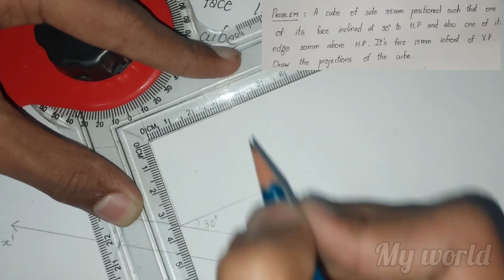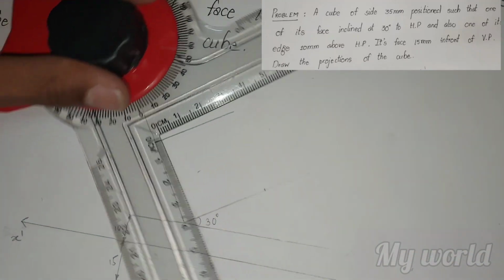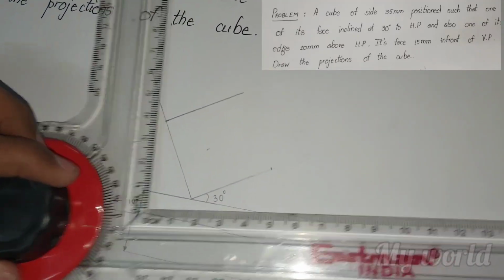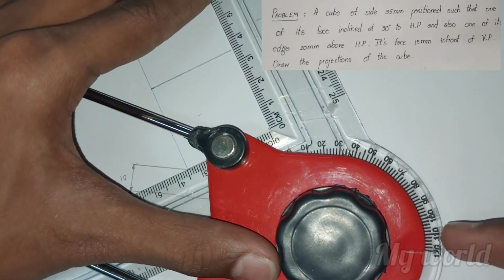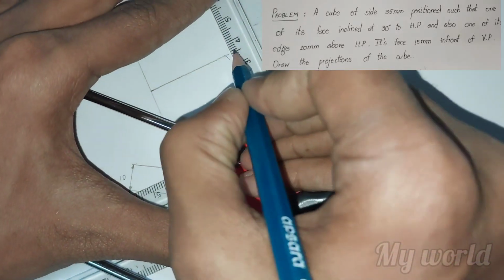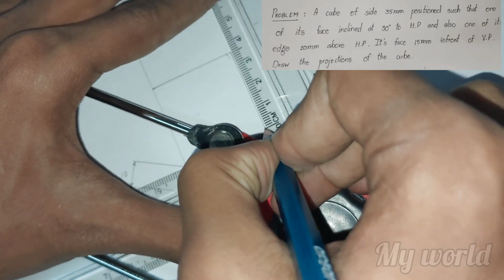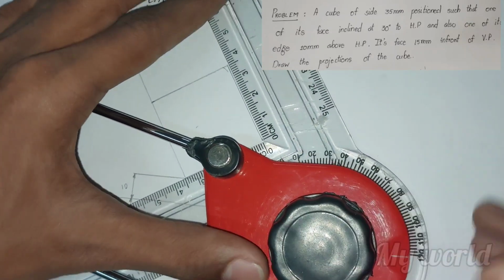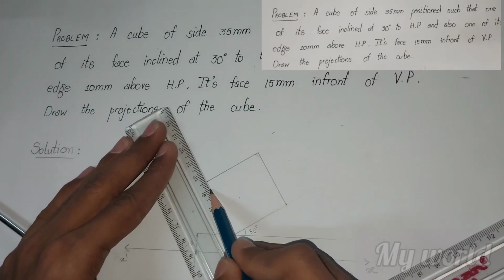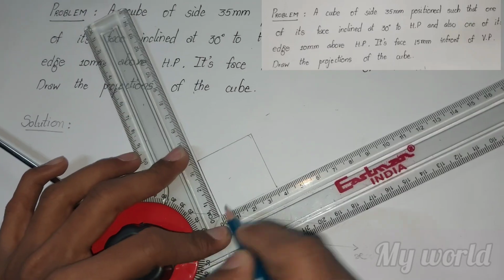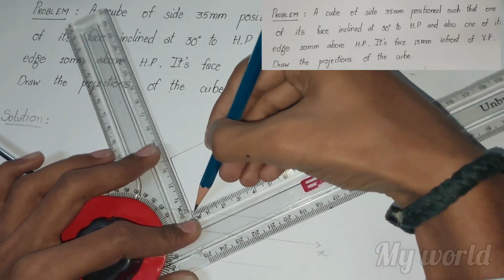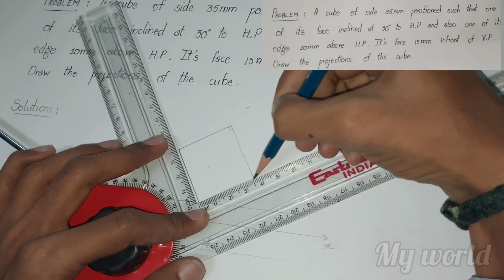The front view of the object will be above the reference line x dash, and the top view will be below the axis line. Now the front view is drawn. The front view must be highlighted with a darker shade.